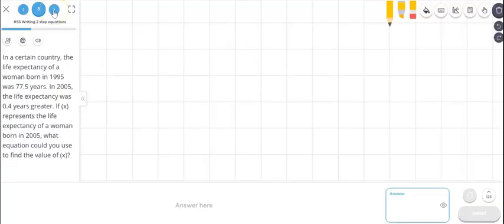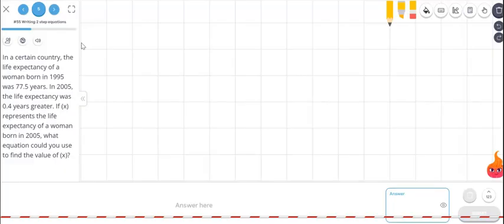In a certain country, the life expectancy of a woman born in 1995 was 77.5 years. In 2005, the life expectancy was 0.4 years greater. If X represents the life expectancy of a woman born in 2005, what equation could you use to find the value of X?